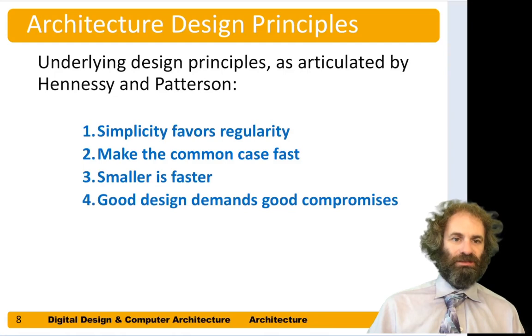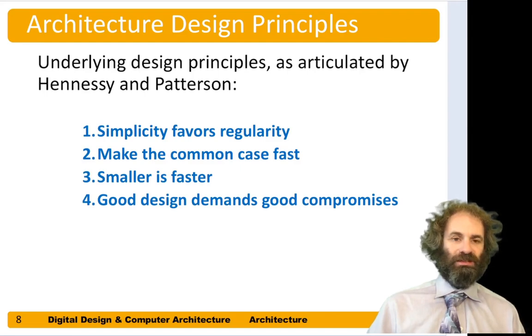So Hennessy and Patterson articulated four main principles for design. First is that simplicity favors regularity. So keeping things simple and having as few special cases as possible is good. The second one is make the common case fast. Look at what your architecture spends most of its time doing and make those cases really fast.